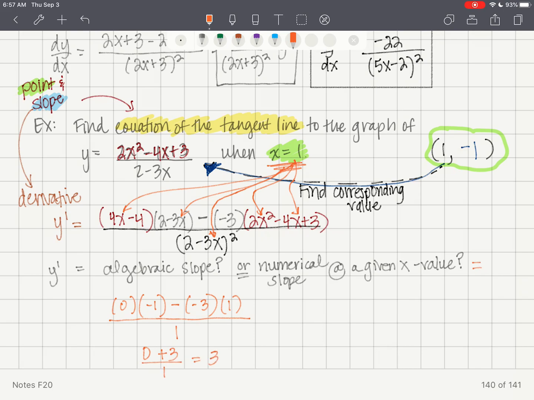So the slope of the tangent line is 3. The equation of the tangent line, now I'm going to use these two things. Let me highlight this in blue.